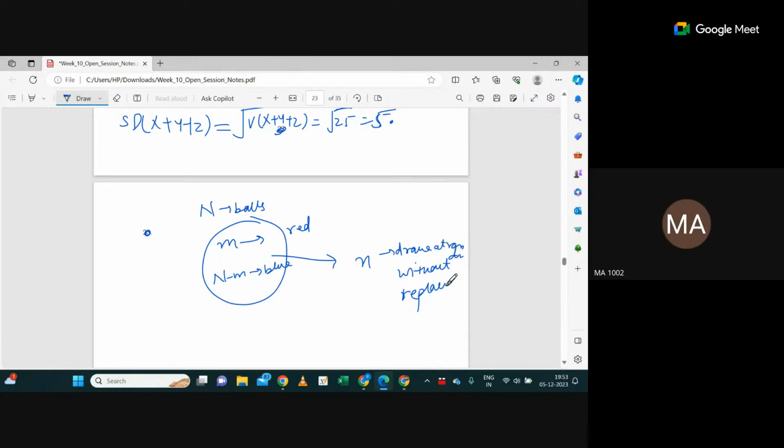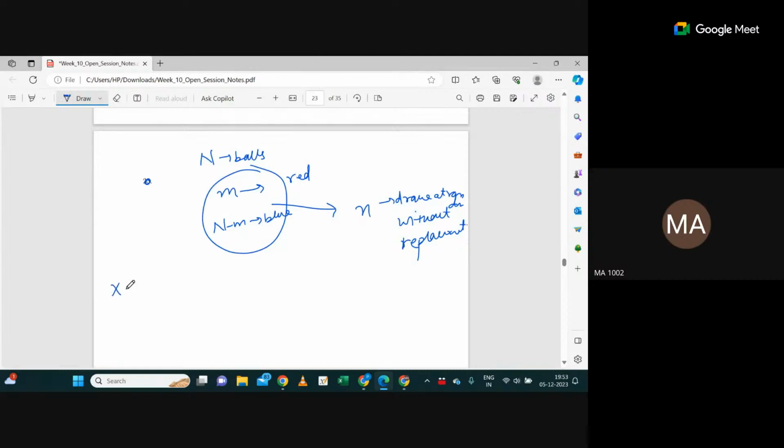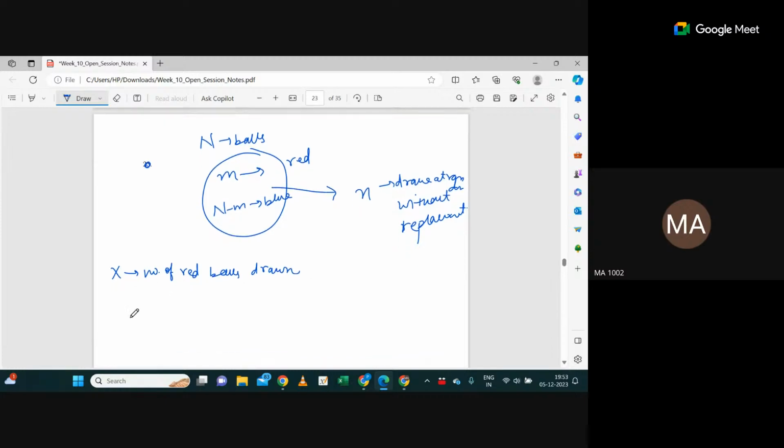And my random variable x is defined as the number of red balls drawn. Then what is the probability that x equals i, means we have drawn i red balls? So what is the probability?